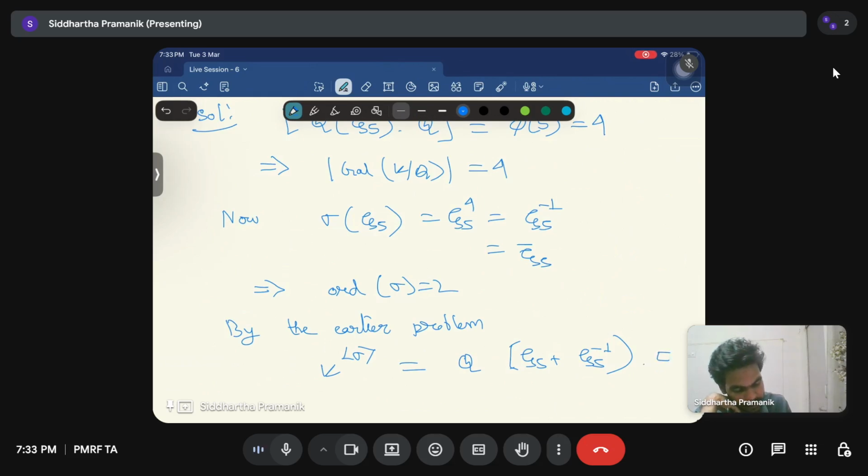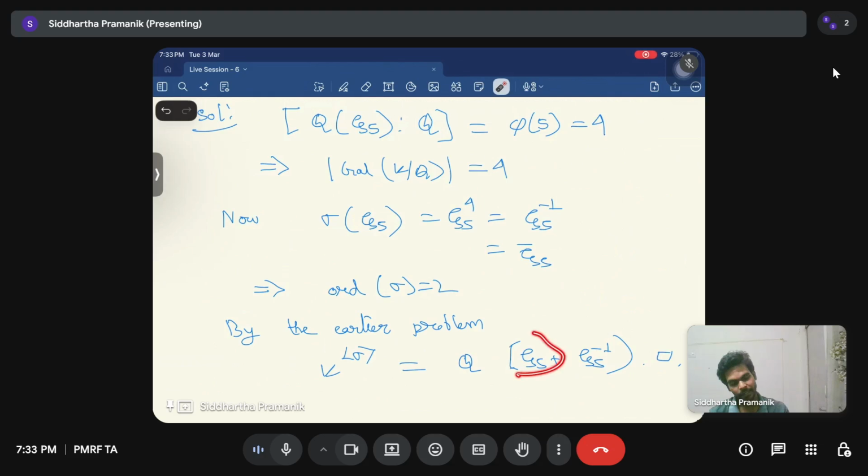That is one description. If you want a more explicit description, you need to explicitly find this zeta 5, take the conjugate of this and take the real part.